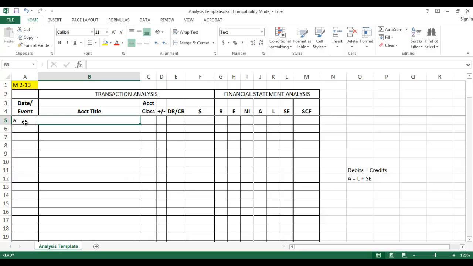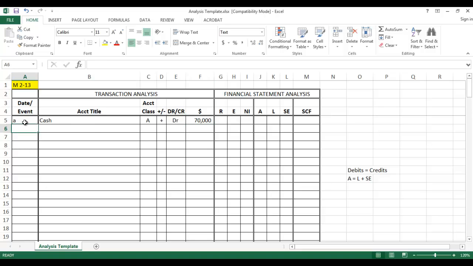So this one, for example, the first three words are received $70,000 cash. If I stop there, I already know one of the accounts I need to affect here. That account is, of course, cash, which we have agreed in the past was an asset. I'm increasing it with a debit in the amount of $70,000.